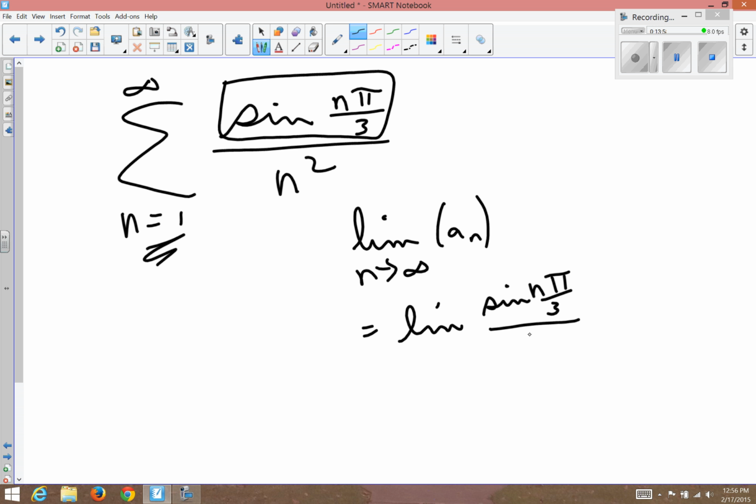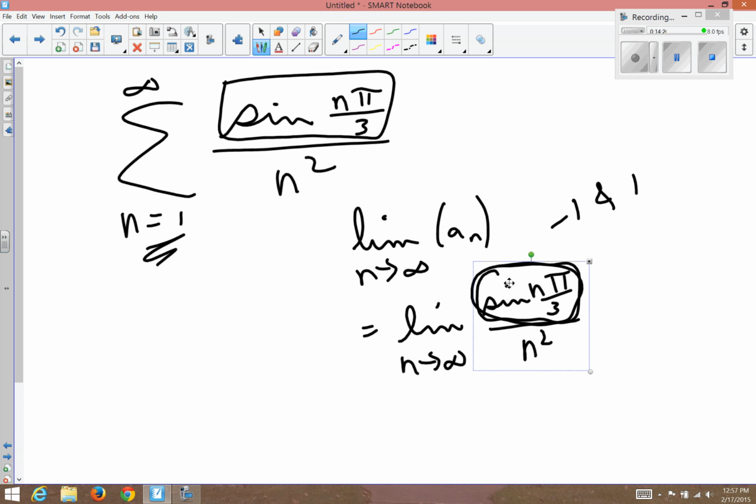So here's some thinking needed here. Even though this is alternating positive, negative, this thing I just circled is always between -1 and 1. The sine of an angle is never more than 1 or less than -1, no matter what. That's a fact about sine.